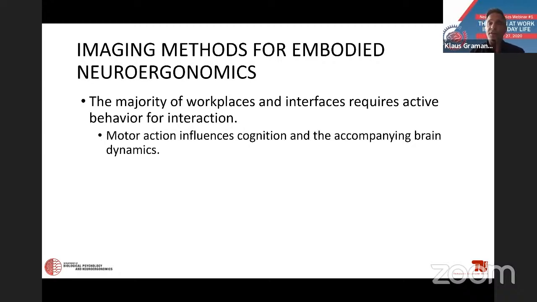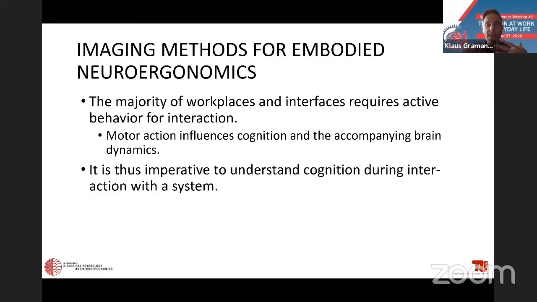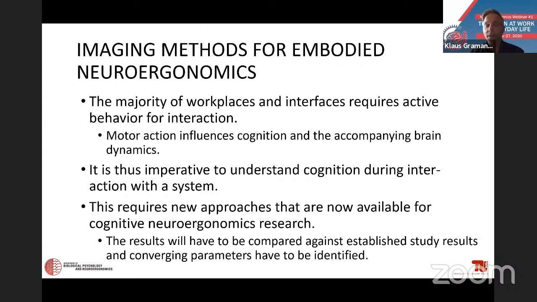But these motor actions influence cognition and obviously the accompanying brain dynamics, because any movement will lead to sensory feedback that is processed by the brain and by definition will change the brain dynamics that we measure. It is thus imperative to understand cognition during interaction, and action here is the bold term, with the technical system. So this requires new approaches that are now available for cognitive neuroergonomics research. Martin Bleichner will talk about this in a few minutes.